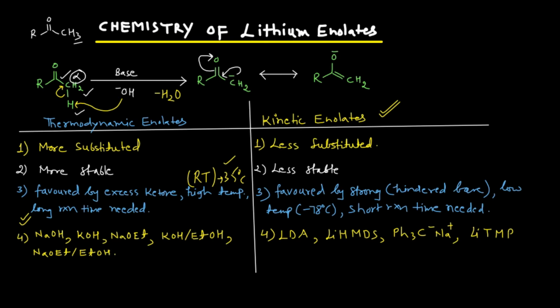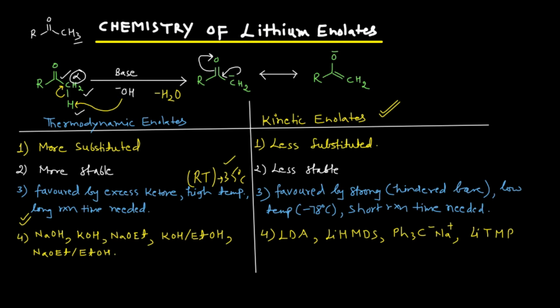We'll discuss these in a separate lecture, but today I am going to discuss LDA only. For the formation of the thermodynamic enolate, you need only simple strong bases like sodium hydroxide, potassium hydroxide, sodium ethoxide, or potassium hydroxide with ethanol, or sodium ethoxide with ethanol.